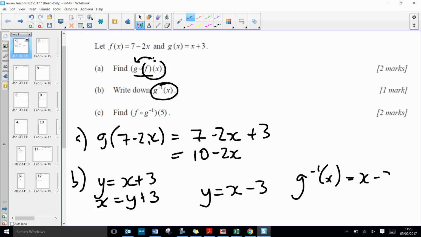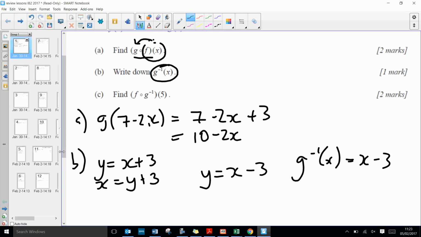Find f o g minus 1, 5. Now, because they've asked you to stick a value in, and we already have an expression for g minus 1, it's much easier to actually substitute that value into the expression rather than find the general form of it. So first of all, we're going to find g minus 1, 5.